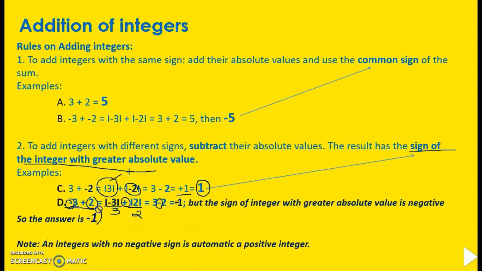We take negative 1 as the final answer for negative 3 plus 2. Thus, negative 3 plus positive 2 is equal to negative 1. The sign of the integer with greater absolute value is employed. So let's proceed.